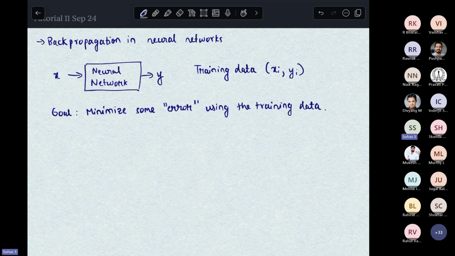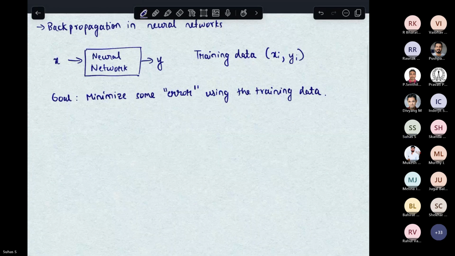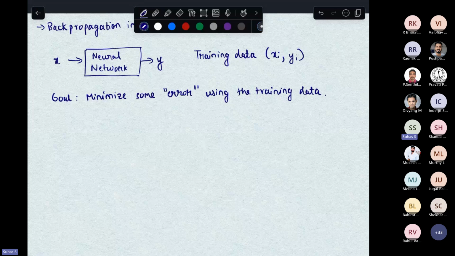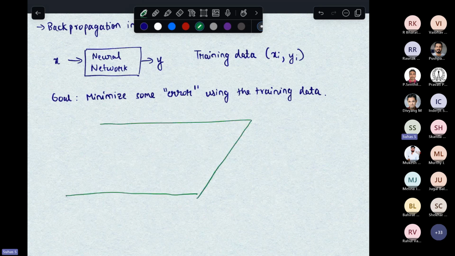So just to give a basic idea of how learning works and how backpropagation is done, let's assume that I'm learning to play a sport, let's say tennis, and maybe I have a tennis court like this, and my goal is to hit the ball into the court as much as I can, and I want to prevent hitting the ball outside the court.